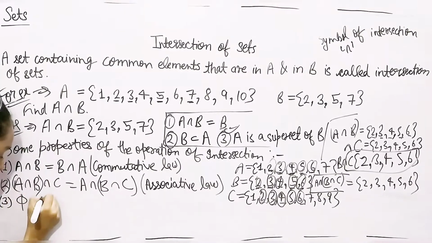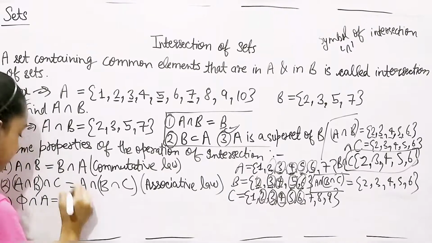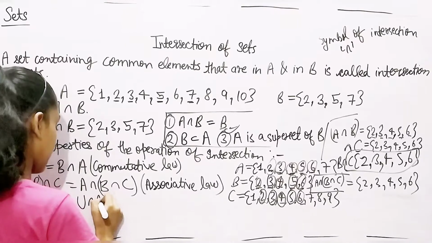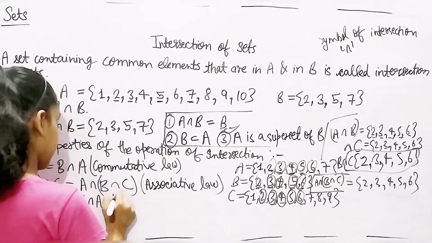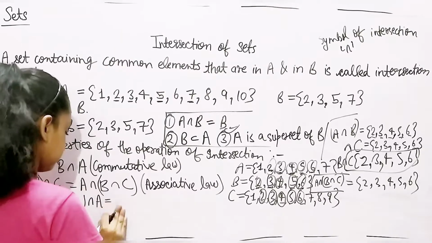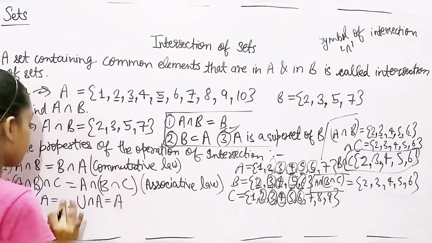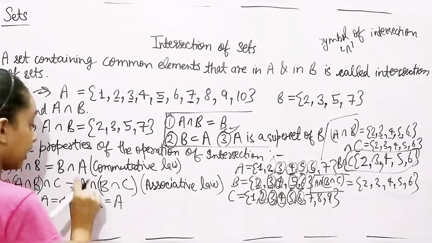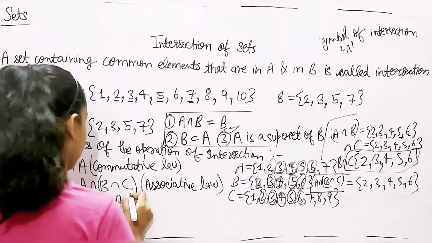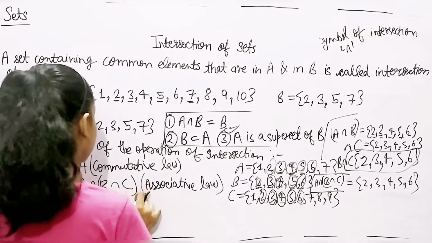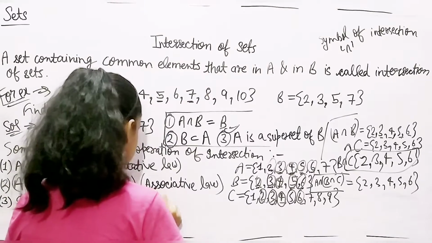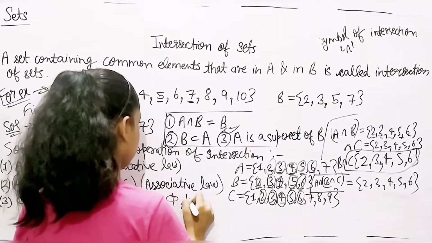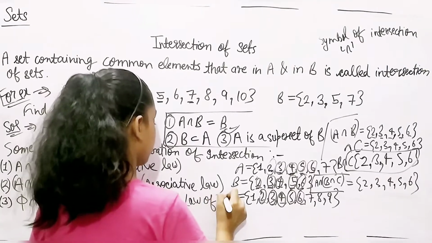Phi intersection set A is equal to phi, and set U intersection A is equal to set A. And it is from the law of phi and the law of universal set.